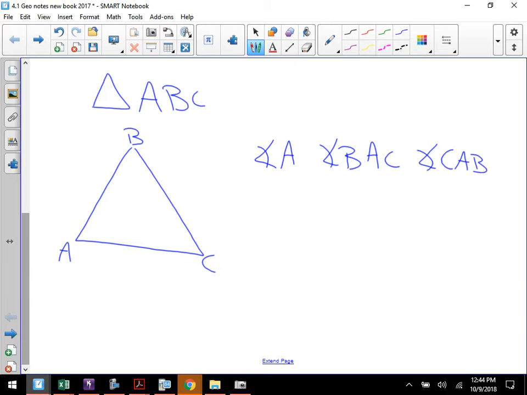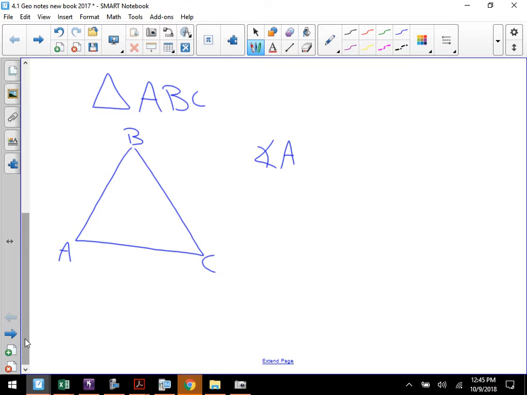I don't have to use 3 letters. The minute that this ever has another spot going here, I can no longer call that angle A, because there are 1, 2, 3 different angles that it could be. Does that make sense? Right, because that angle is shared by a bunch of different sides and stuff. So for our purposes, if we're dealing with triangles, or even polygons with just singular vertices, and you'll be able to see that with a lot of diagrams, it's perfectly fine just to say that you have angle A. You all right with that?